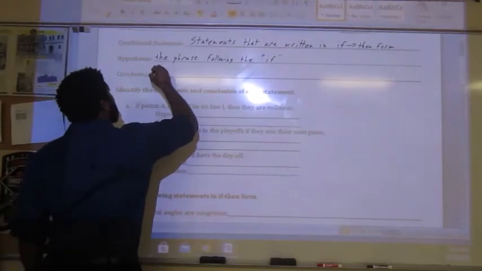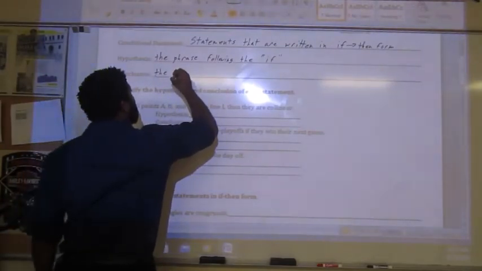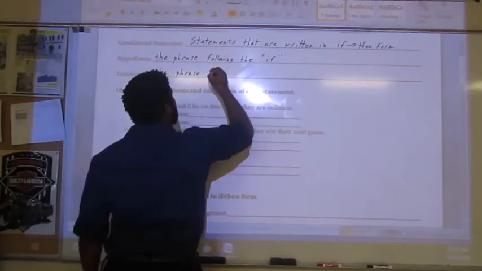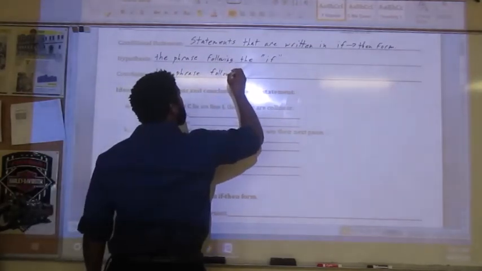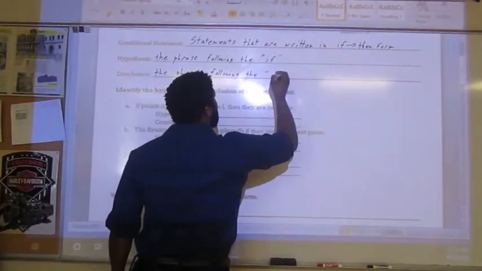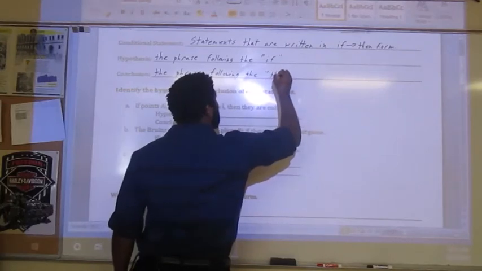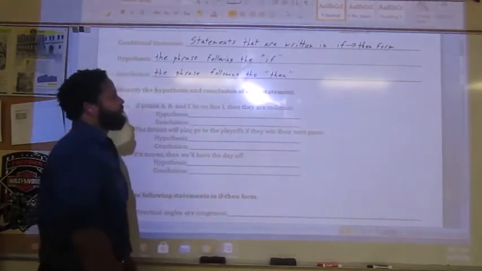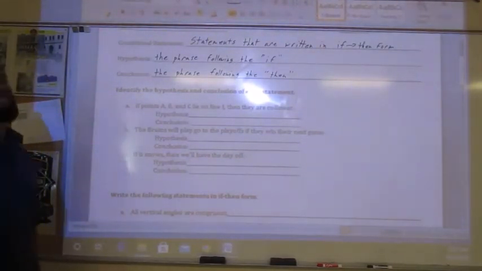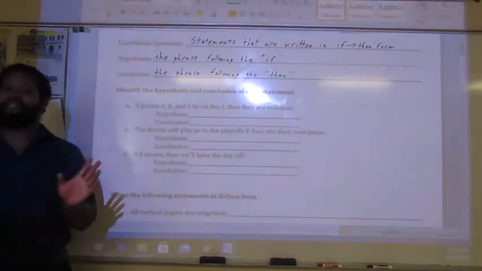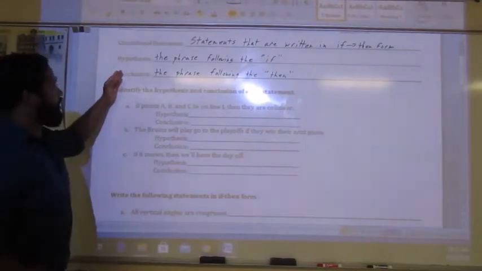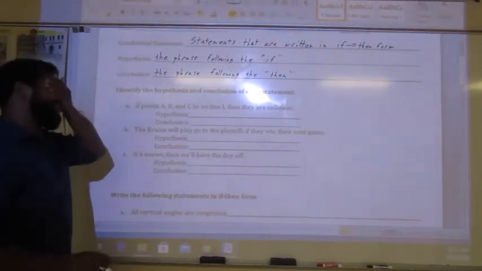Conclusion. The phrase following the then. All right? That's basically what it is. So your conditional statement is set up, split into two parts: your hypothesis and your conclusion. That's basically it.